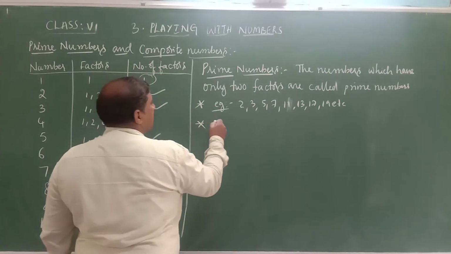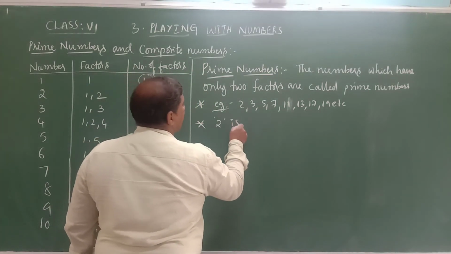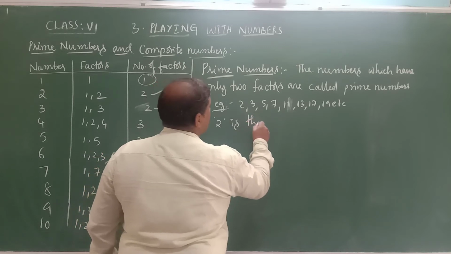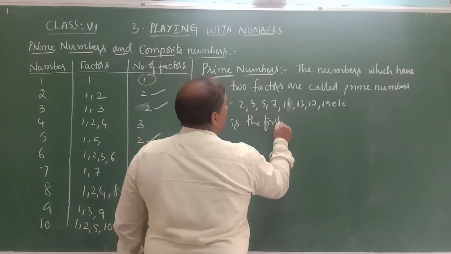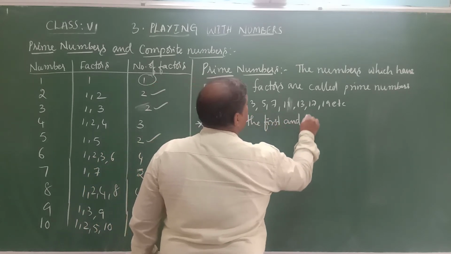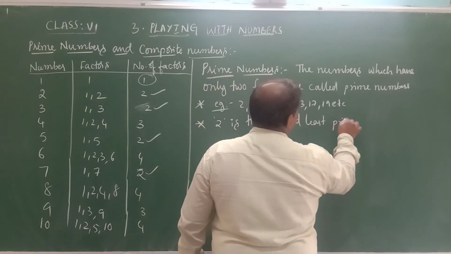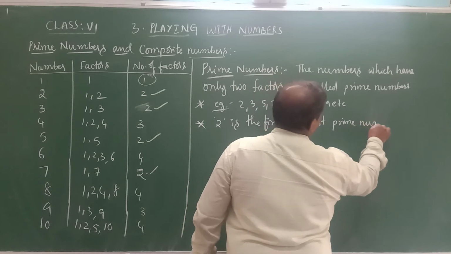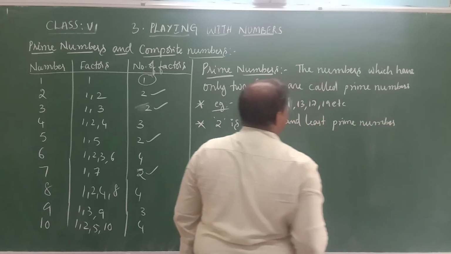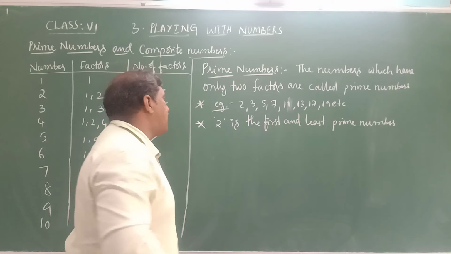Now, 2 is the first and least or smallest prime number. It is the first prime number and also it is the least or smallest prime number.